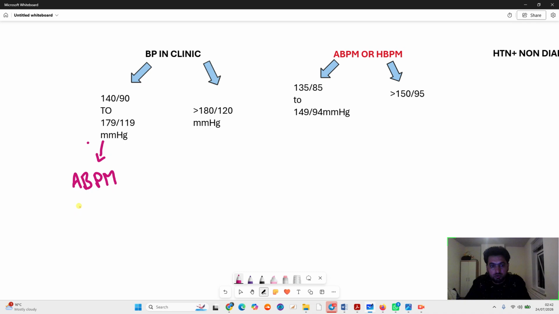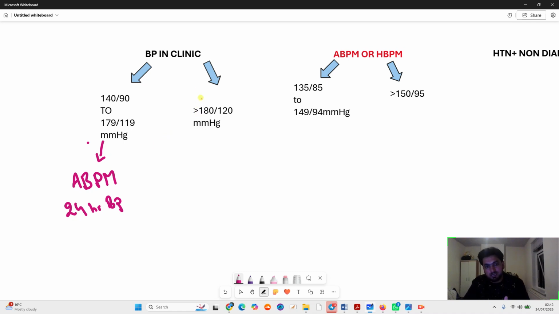We measure the 24-hour BP of the patient, and then we decide if the patient is hypertensive or not. If hypertensive, we will start antihypertensive medicines.